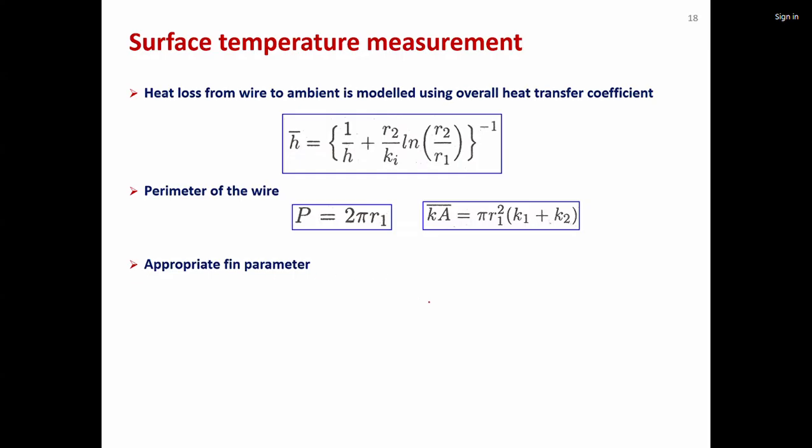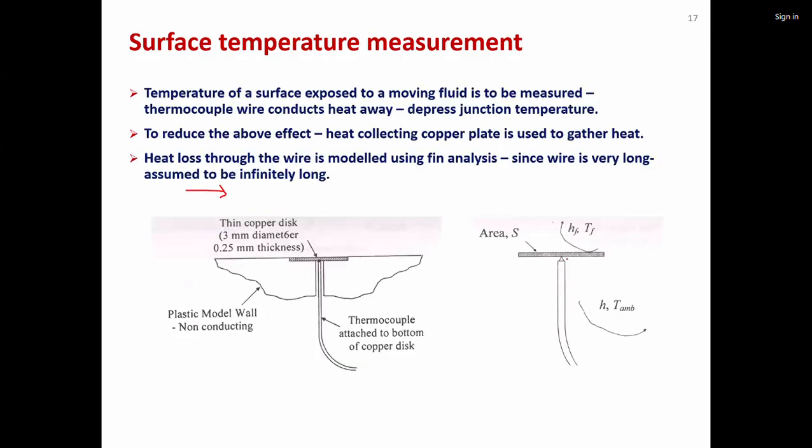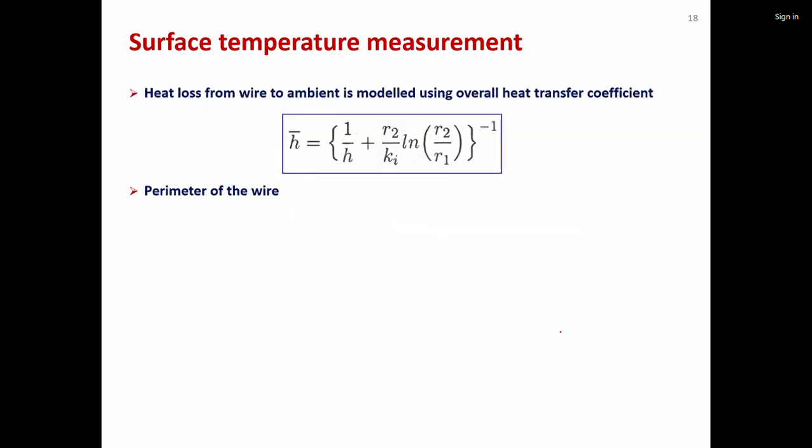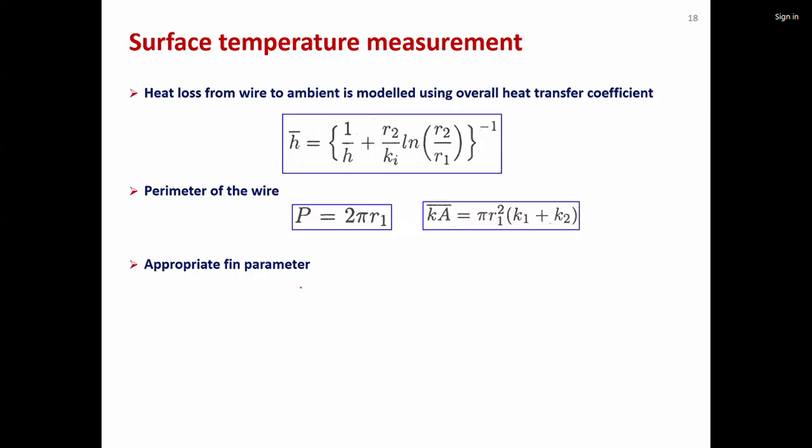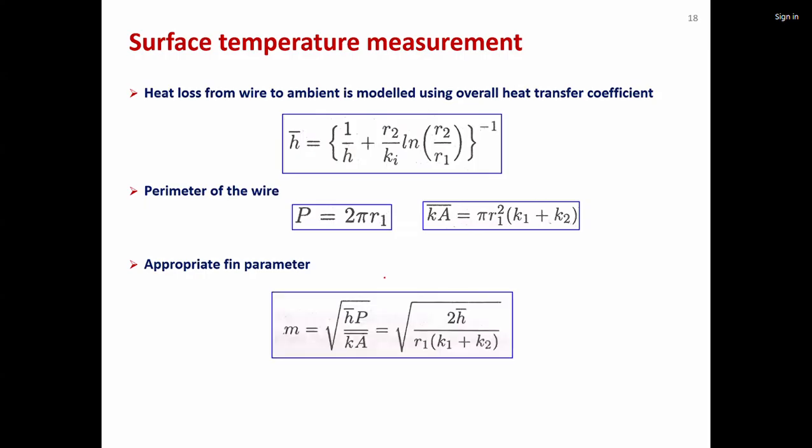Now, as I was saying, this heat loss from the surface into the wire, then from the wire to the ambient, can be analyzed by considering this thermocouple wire as a fin, as an extended surface. When you talk about fins, if you have studied heat transfer using fins, you talk about an effective fin parameter. So M is the fin parameter, which can be expressed as square root of P H bar over Ka bar.